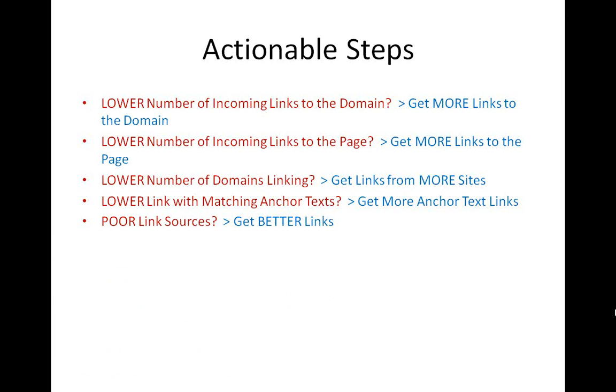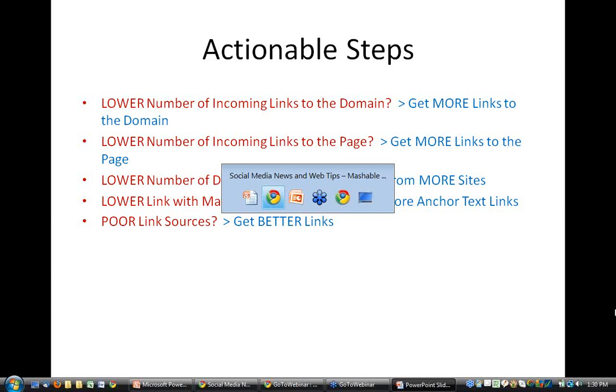If you realize that your links are coming from poor link sources, so mostly article directories and other low quality directories and link farms, make sure that you change that and start getting links from good quality sites. And the way you can do it is check where your competitors are getting their links from.